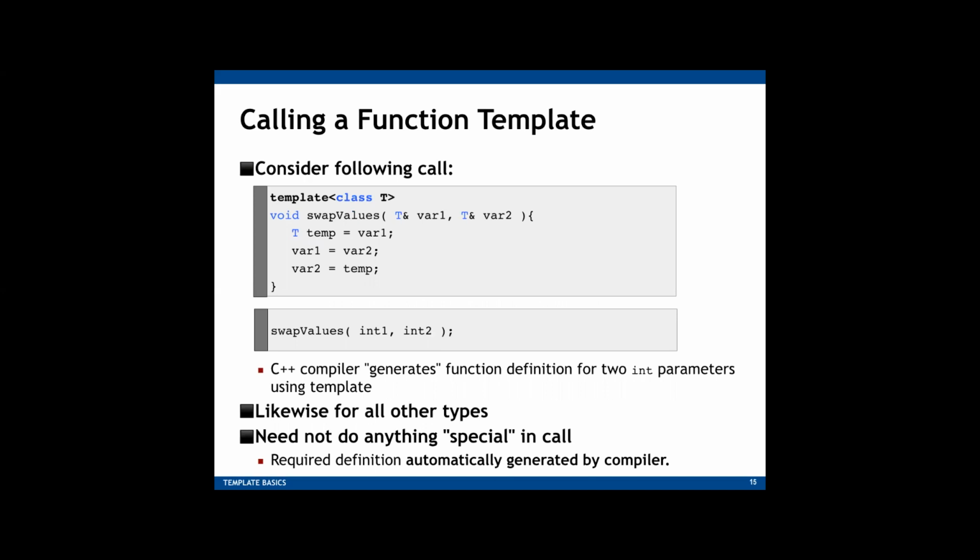So why do we make function templates? If you use a function template for swap values as shown in this example, the function starts with the template keyword, and the T here is a type parameter, and T is specified here.